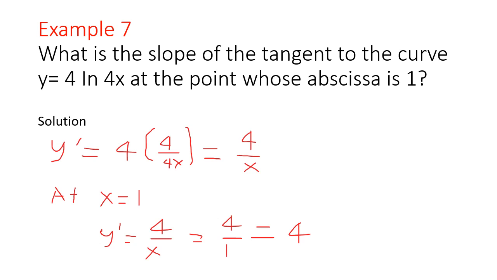So the slope, y prime, equals 4 times 4 over 4x, equals 4 all over x.